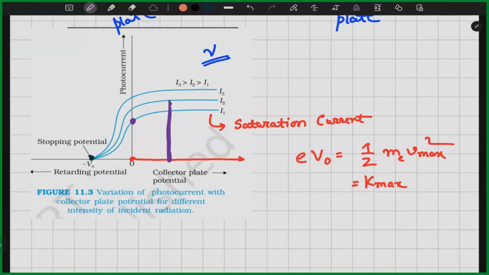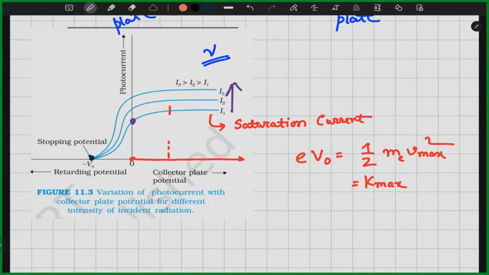Now, if we increase the intensity, what does it mean? Intensity means the number of photons is increasing, so the number of electrons emitted from the metal plate increases. Let's say now 150 electrons are emitted. So again the photoelectric current will increase. We can see from here that if we increase the intensity, the photoelectric current also increases.